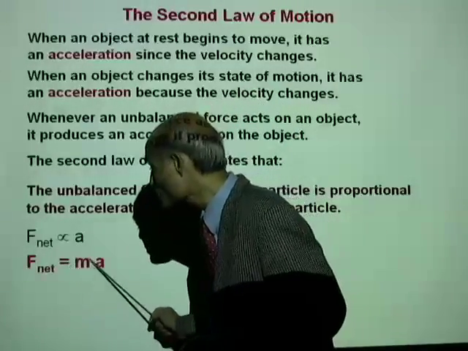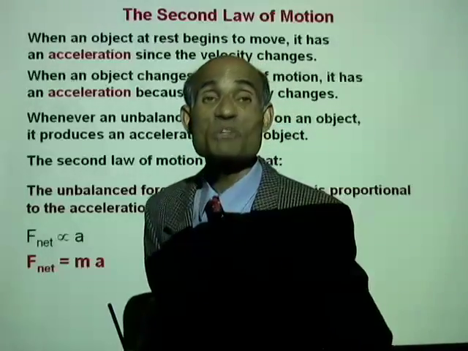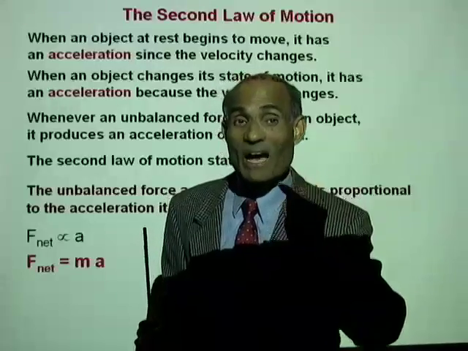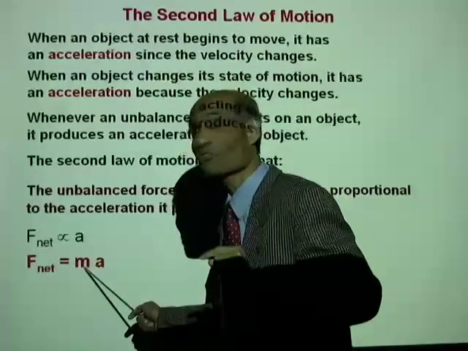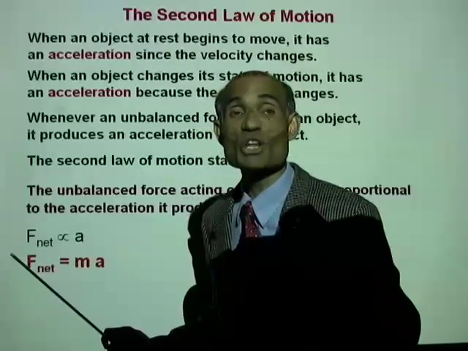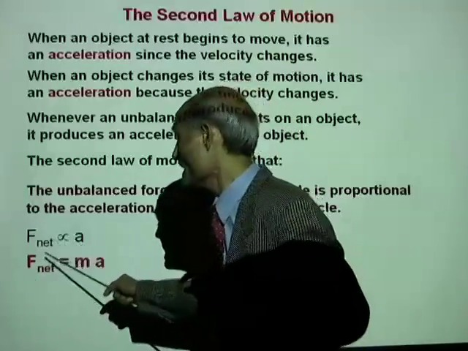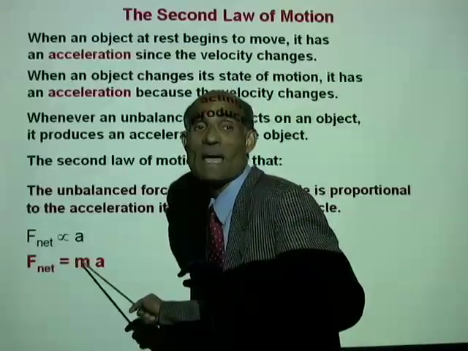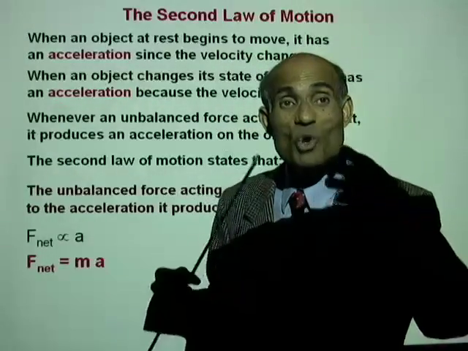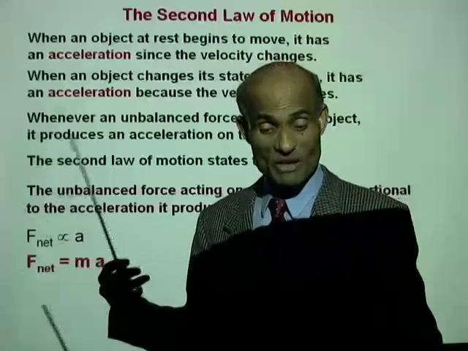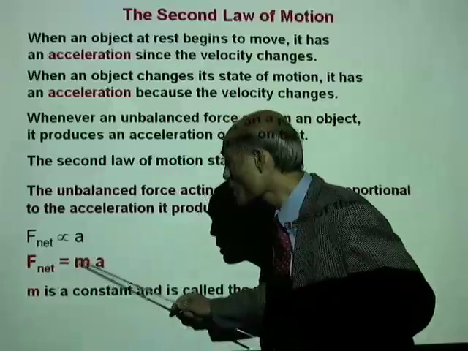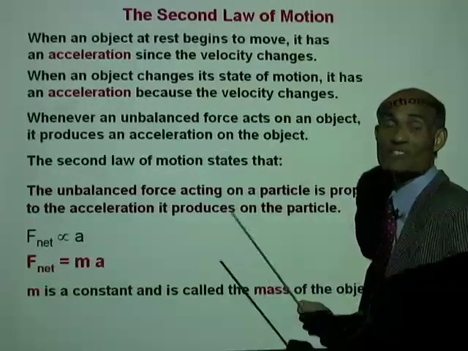And what is this constant in this case? It is the mass of that particle. So when a net force acts on a particle of mass m, an acceleration a is produced on the object such that the net force equals mass multiplied by the acceleration. Look at the way we are now coming to quantify force, and therefore we can now measure force. This m is a constant and it is the mass of the object.